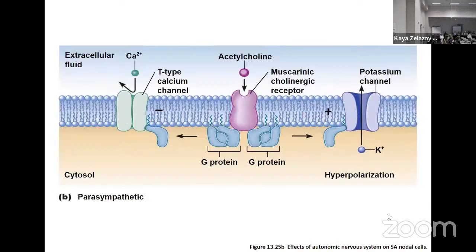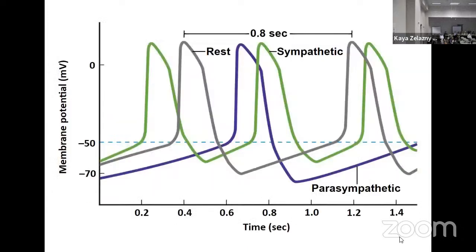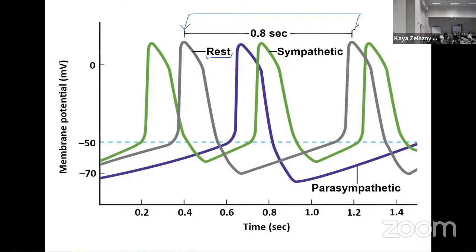And this is a picture of that. Okay. So if we compare what heart rates look like under each of these conditions. In gray, we have our rest, okay? So here we can see heart rate is 0.8 seconds between our beats. If our sympathetic nervous system is active, right? Now we have 1, 2, 3 heartbeats.